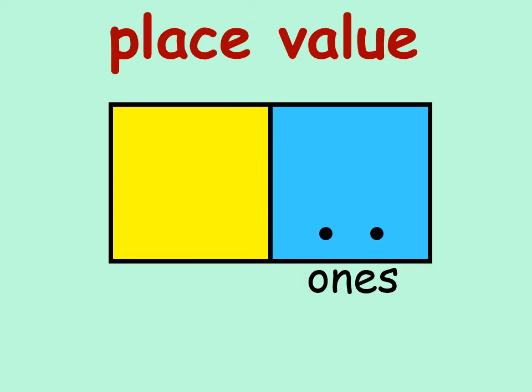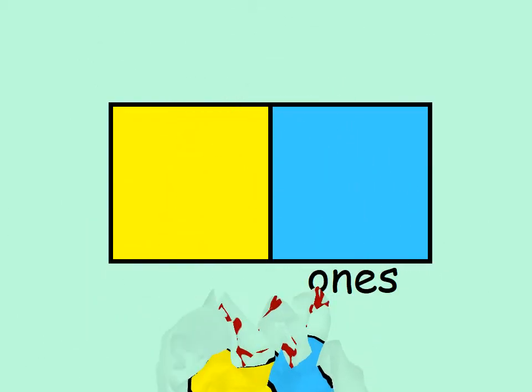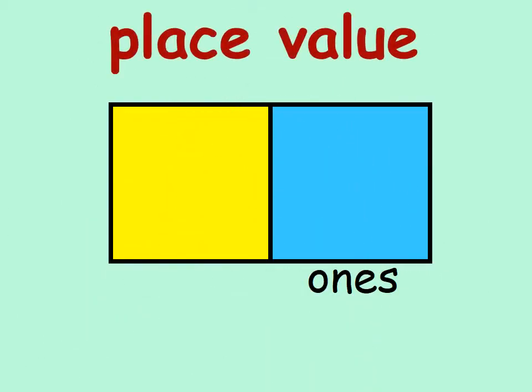That's the value. Or if we had the number 6, what could we put in there? How many dots would we put? That's right, 2, 3, 4, 5, 6. That's the value of the 6, filling up the ones.